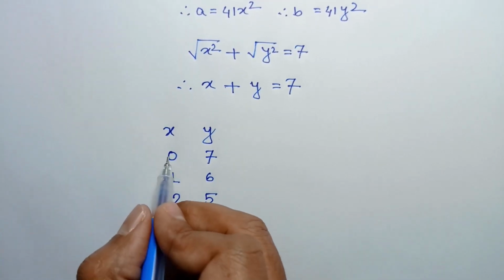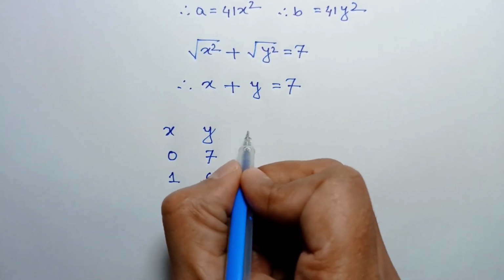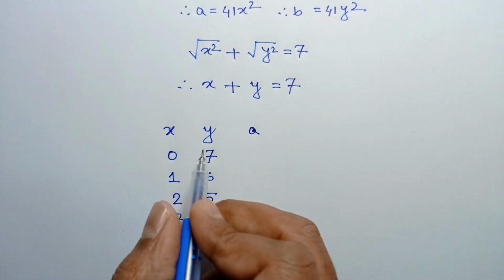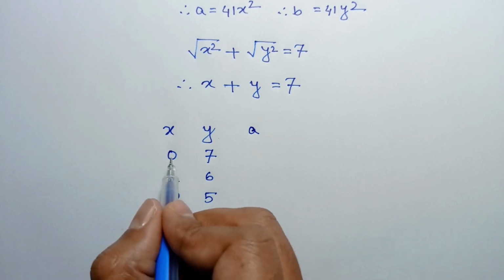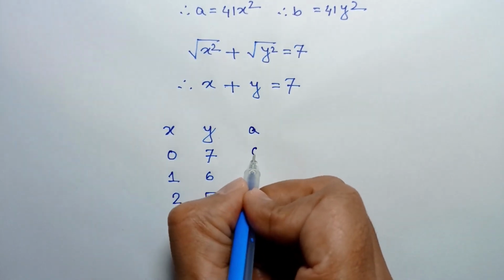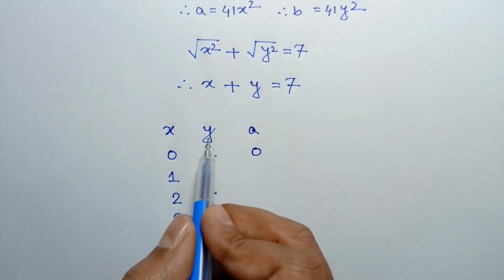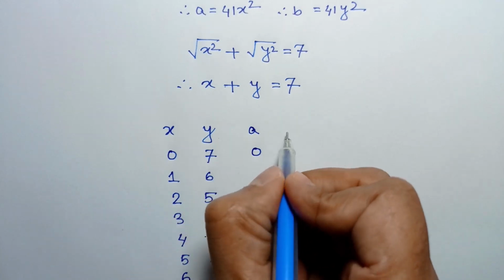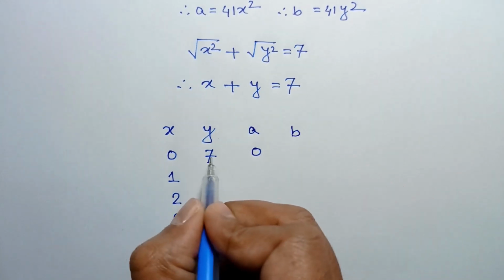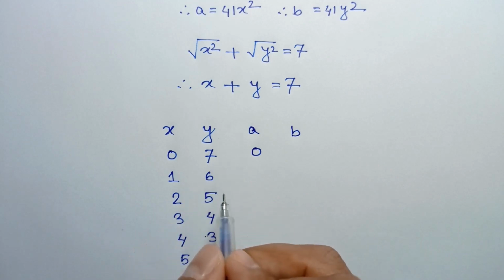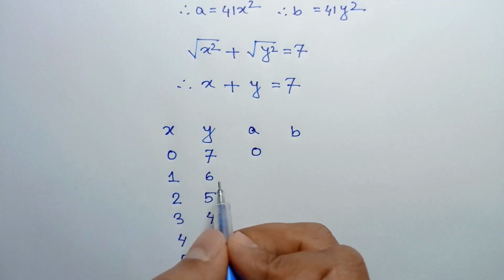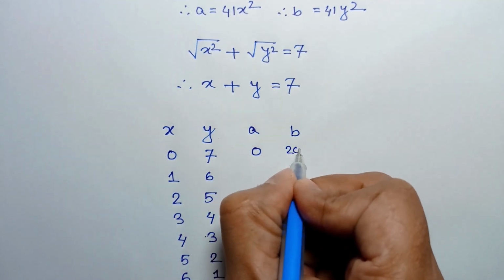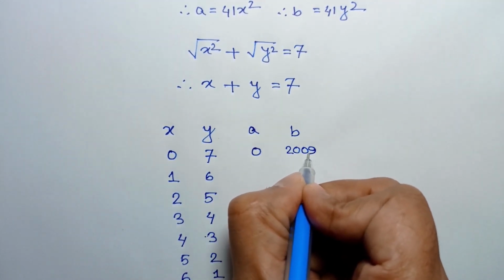Now for x is equal to 0, as a is equal to 41x squared, the value of a will be 0, and for y is equal to 7, as b is equal to 41y squared, 7 squared times 41 is 2009.